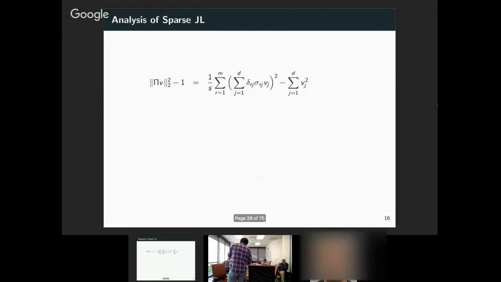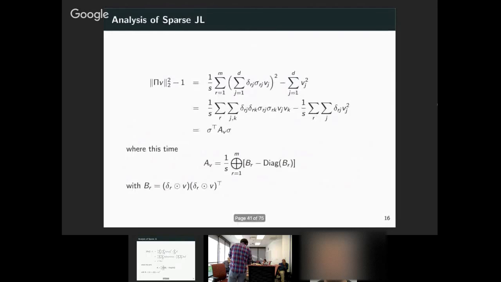So the analysis is quite similar, and I'm not going to go through the details, but the point is, even in this sparse case, you can pretty much do the same kind of arrangement in terms of turning this deviation into a random quadratic form in the same vector sigma.